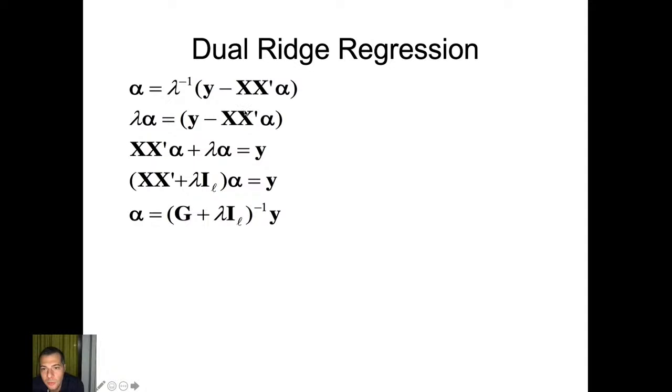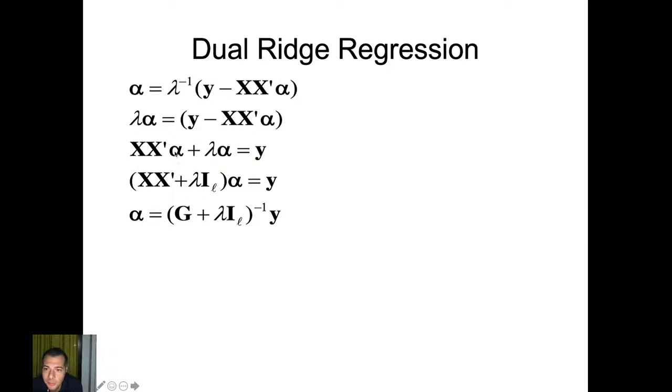Now we try to put all terms with alpha on the same side. So we multiply lambda on the other side, we can remove the parentheses here, and we can transfer this term with a positive plus sign to the other side. So now we have all terms with alpha on the left side, and the remaining term without alpha on the other side.